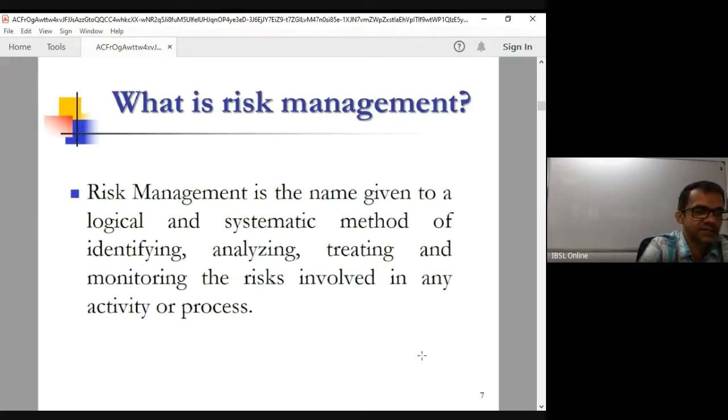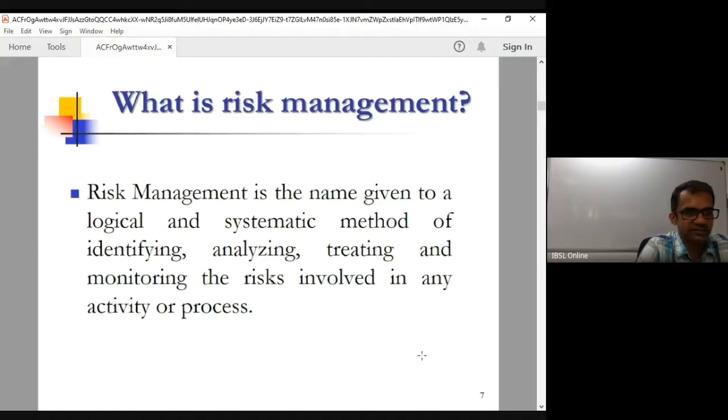And they may see different risks. They have the responsibility to report those risks to the top management. There should be established reporting lines and assigned responsibilities. That has to be there.